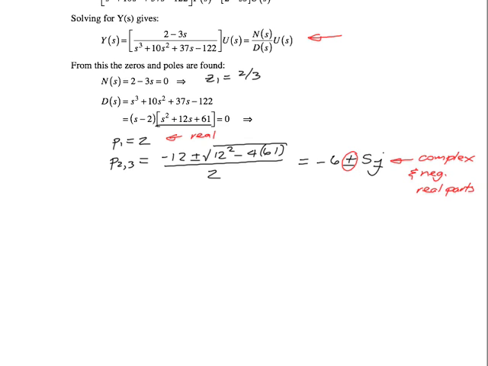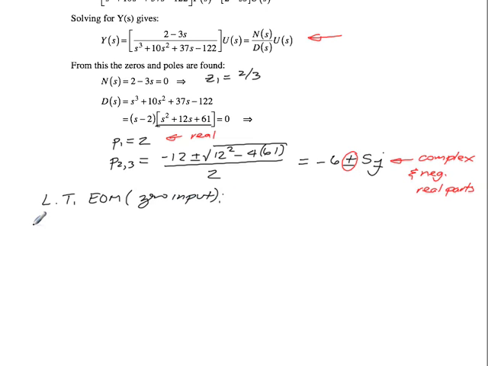Now, in terms of the free response, what I should have done from the beginning was put my initial conditions in there, but I didn't. So let's go back and now Laplace transform our equation of motion for the case of zero input, since we're looking for free response.